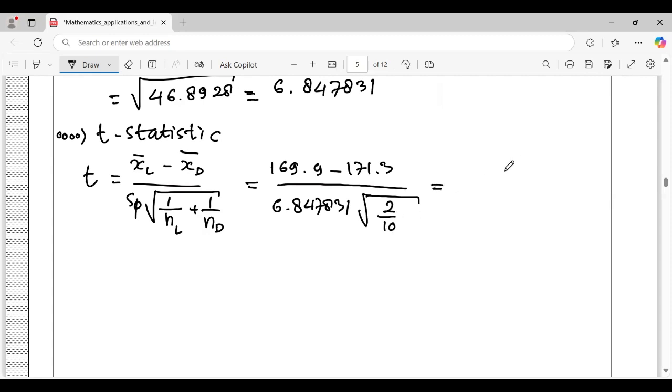And if you calculate this, the result is minus 0.457151.